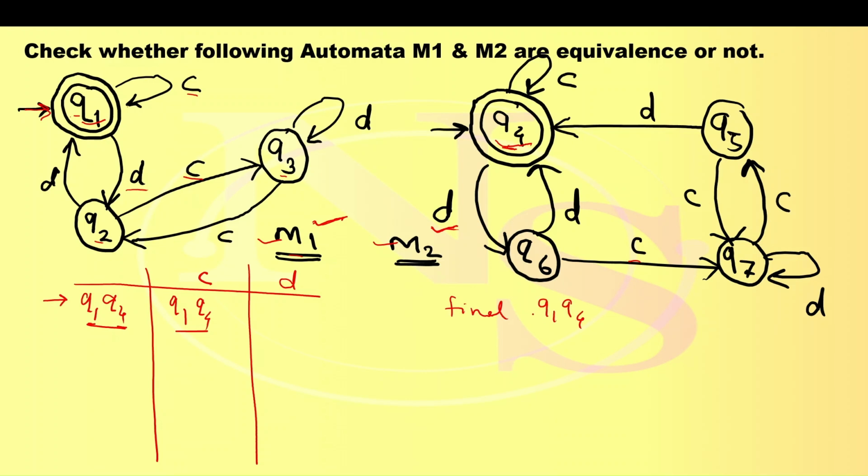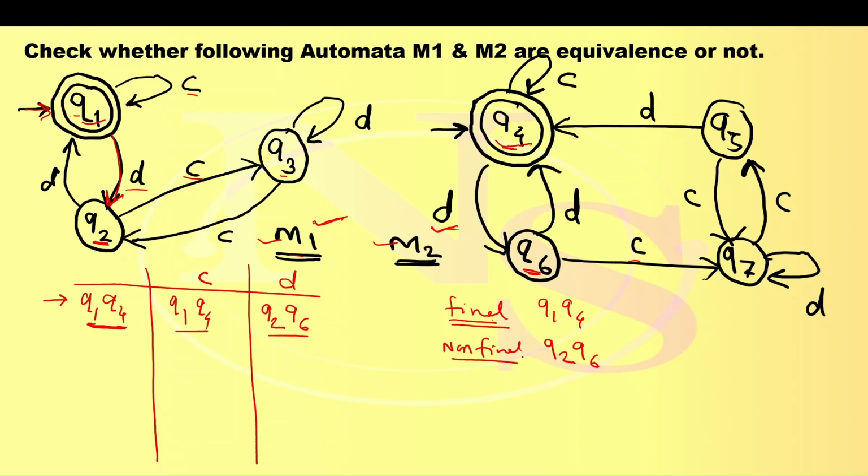Similarly, Q1 Q4 on D: Q1 on D goes to Q2, Q4 on D goes to Q6. So Q1 Q4 on D goes to Q2 Q6. Q2 is non-final, Q6 is non-final, so both are non-final, no problem.